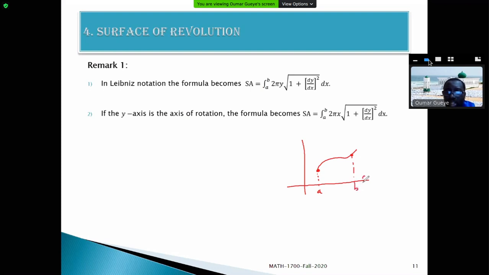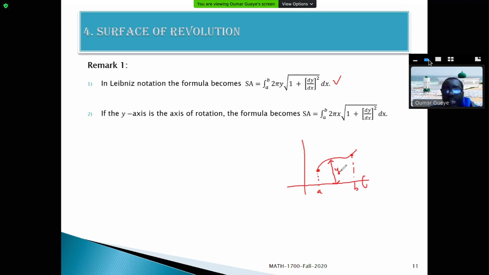If the axis of rotation is the x-axis, the radius is always the distance from the axis of rotation to the curve, and this is y, or f of x.